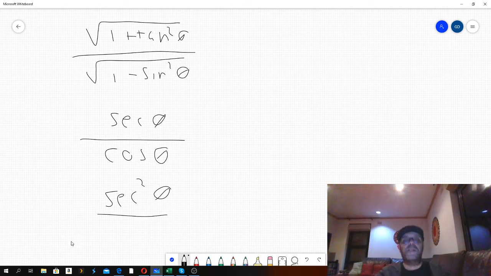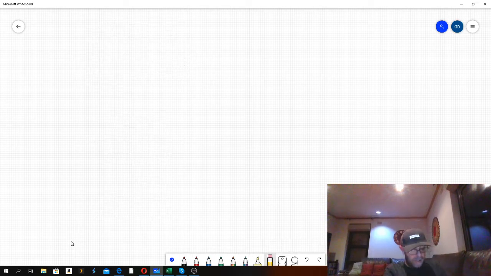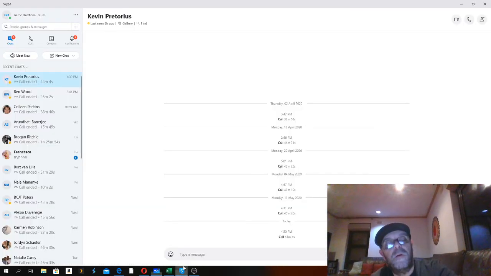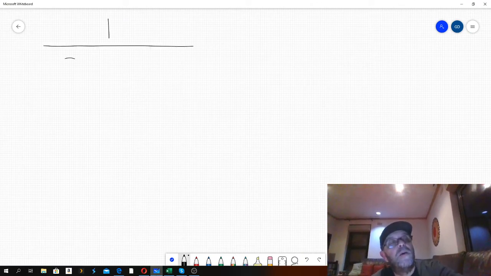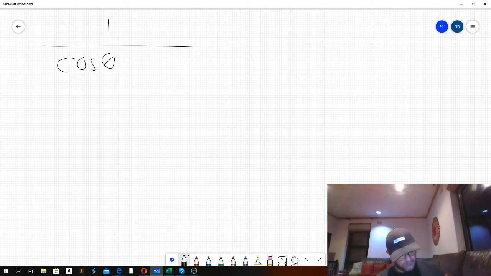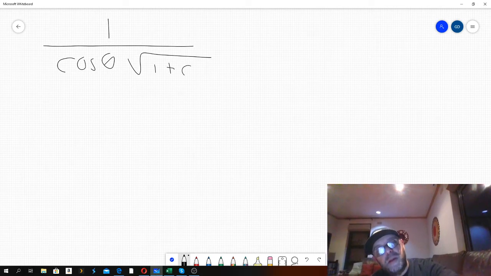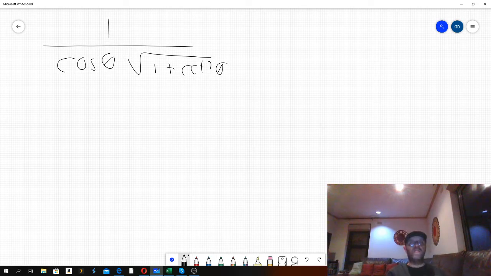Then we're on to number 6. So number 6 says 1 over cos theta over the root of 1 plus cot squared. Now here again, 1 plus cot squared theta is an identity, and the 1 plus cot squared is simply cosec squared.